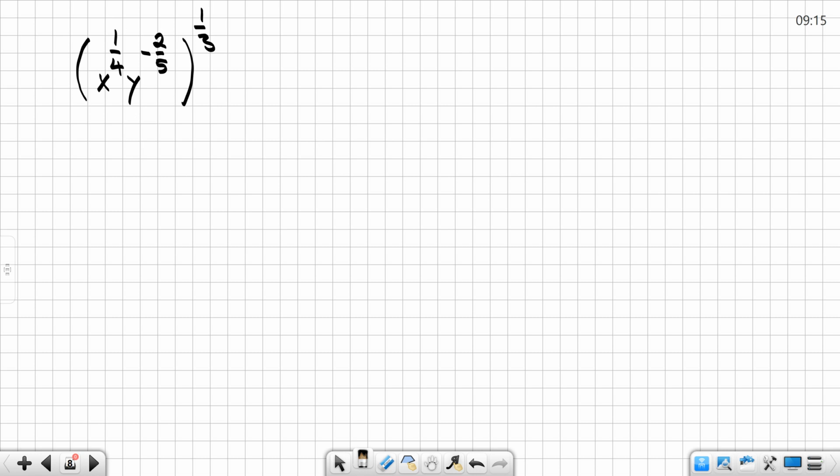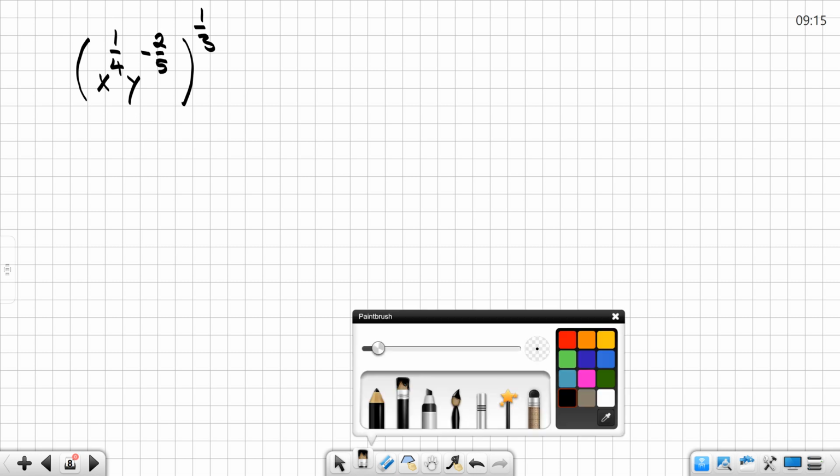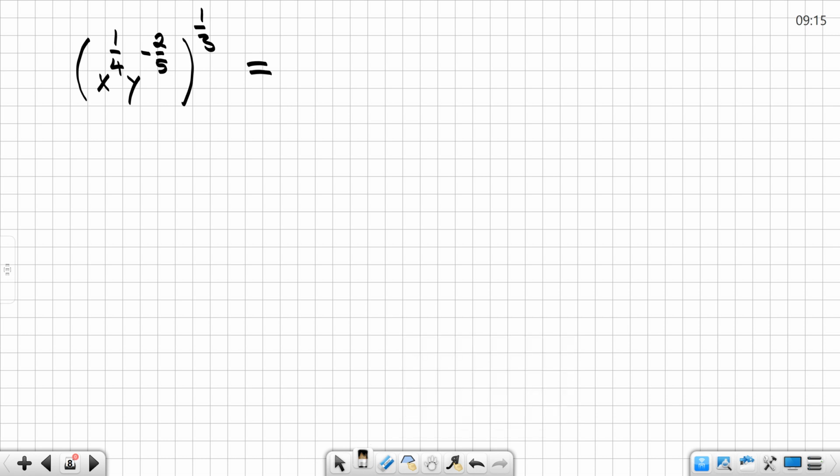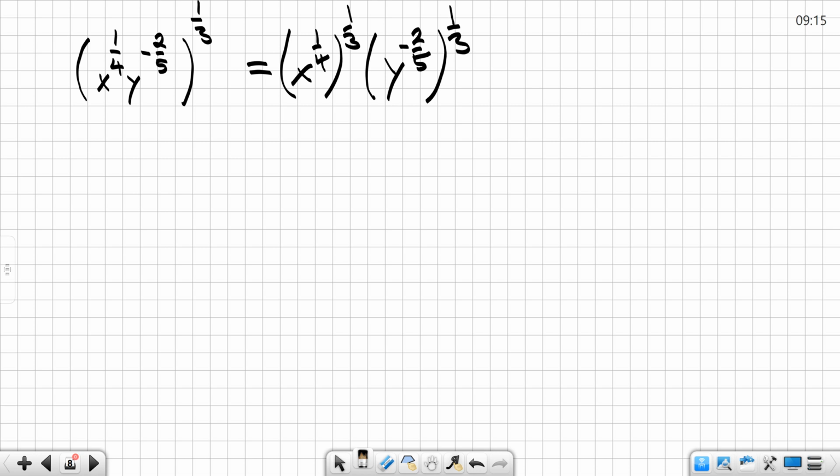All right, getting crazier. We have to do several steps here. What was the rule that we had when we had an exponent on the outside of something that was multiplied? That right here jumps to both. Let me write it down in detail so that you see exactly what is happening. x raised to the 1/4, raise that to the 1/3, times y raised to the negative 2/5, raise that one as well to the 1/3.